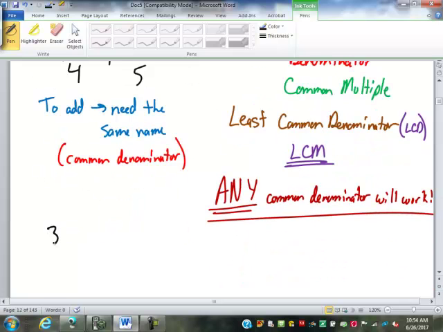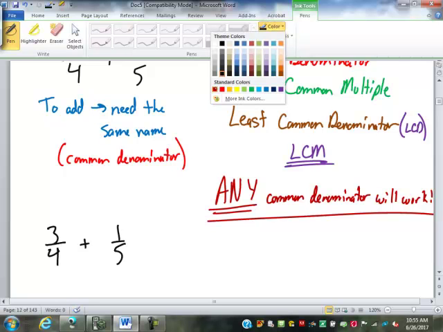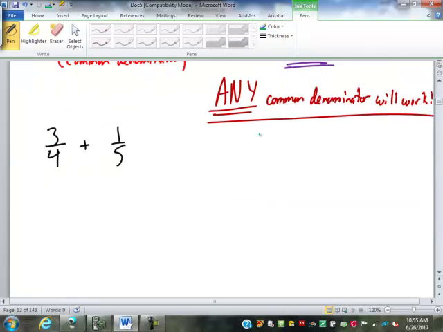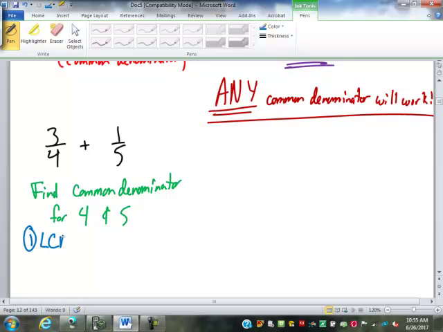So we're going to deal with 3/4 plus 1/5. The first thing we have to do is find a common denominator for 4 and 5. There are 3 methods. Method number 1 is to use that least common multiple method I just showed you.